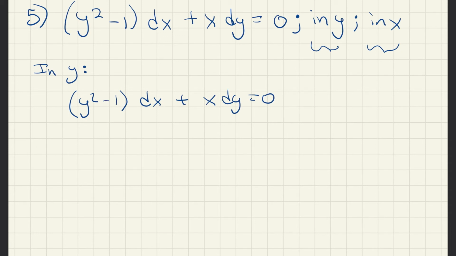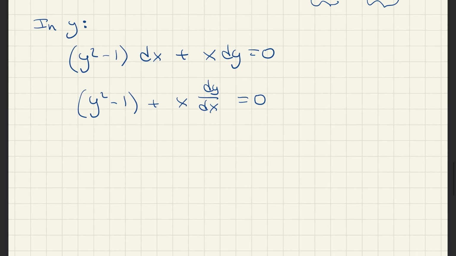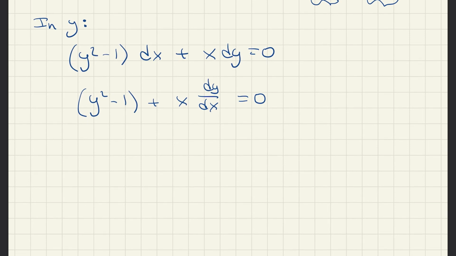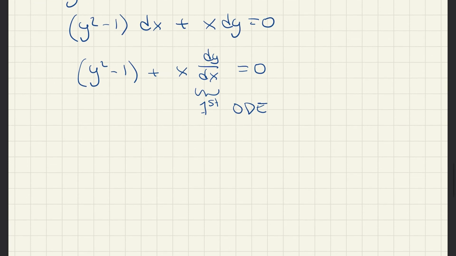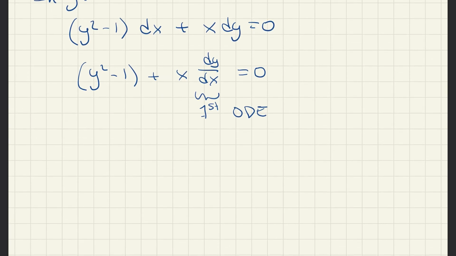We want to have dy on the top and dx on the bottom, so we're going to divide this whole thing by dx. And now we can see that we have dy over dx, so we know from the start that this is a first order ordinary differential equation.